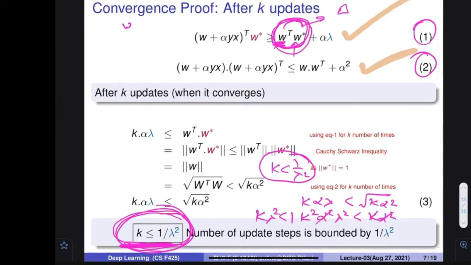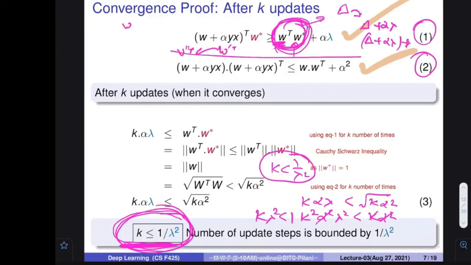But if I update it, W becomes W dash, the new one. So what would be the value of this quantity? It would be delta plus alpha lambda because of this particular formula. If I again update it, W becomes W double dash. So this value becomes delta plus alpha lambda plus alpha lambda, because every update is going to add alpha lambda.